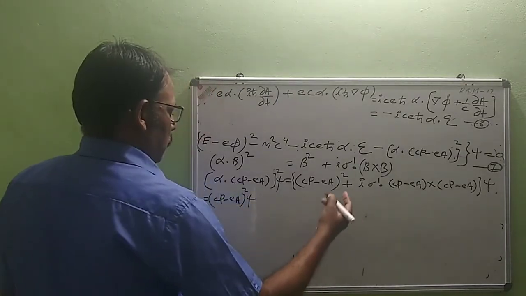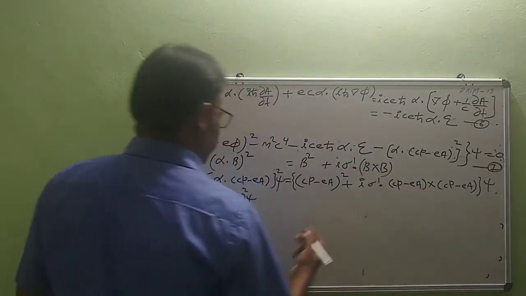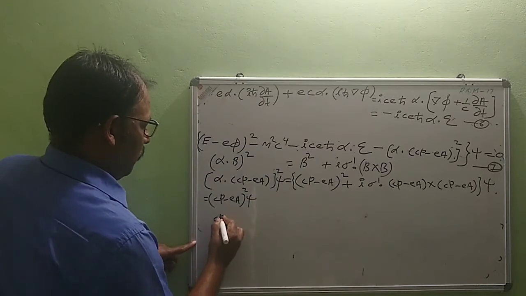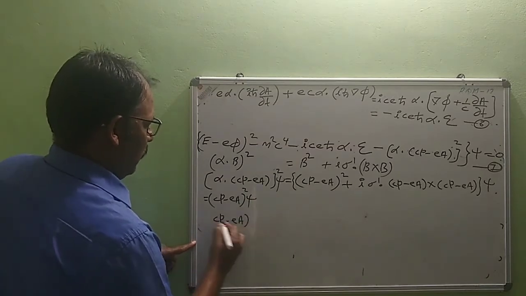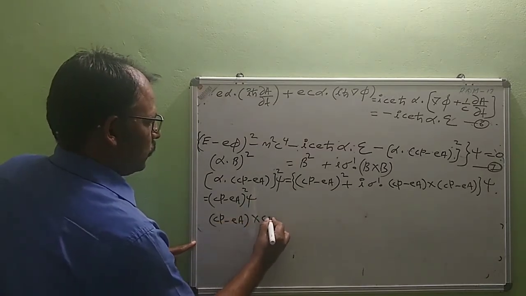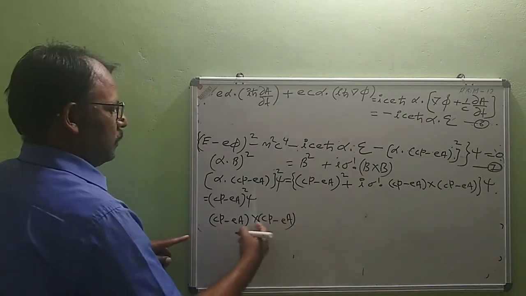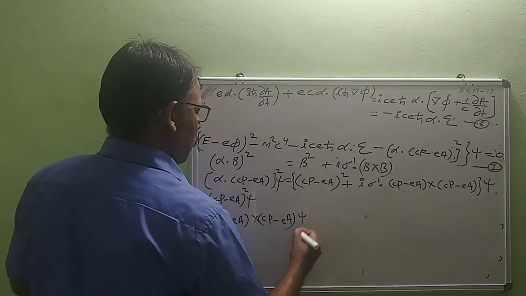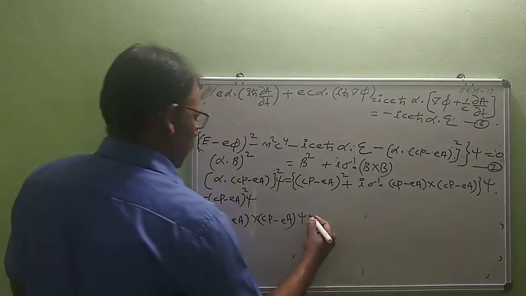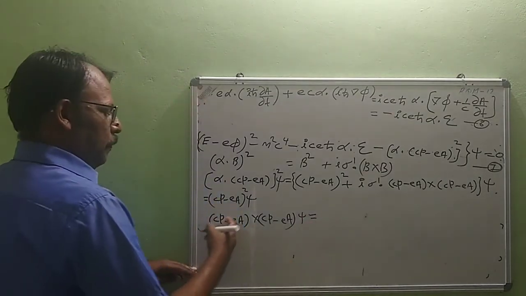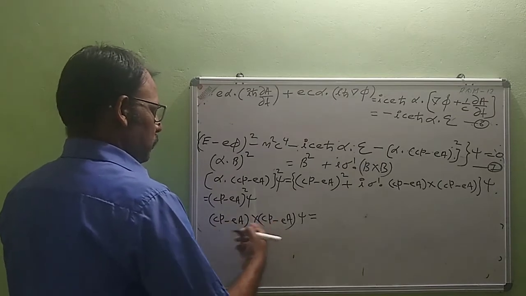Now this term, Cp minus Ea cross Cp minus Ea operating on wave function psi. This we can write as Cp cross Cp. What is Cp cross Cp?